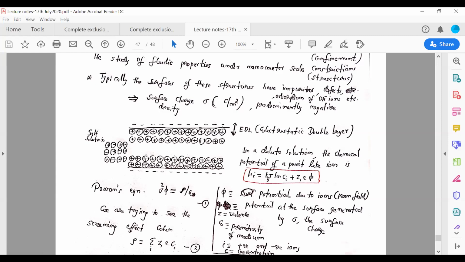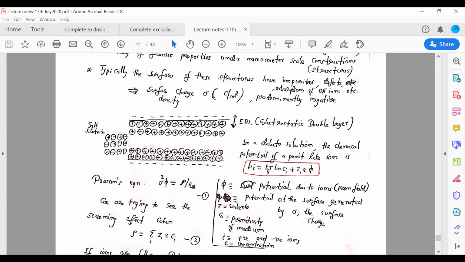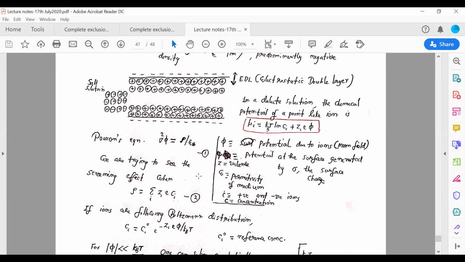This is typically known as the electrostatic double layer, EDL. You will come across this. It is a result of the shielding of the surface charge potential. I'm just giving you a kind of derivation here.